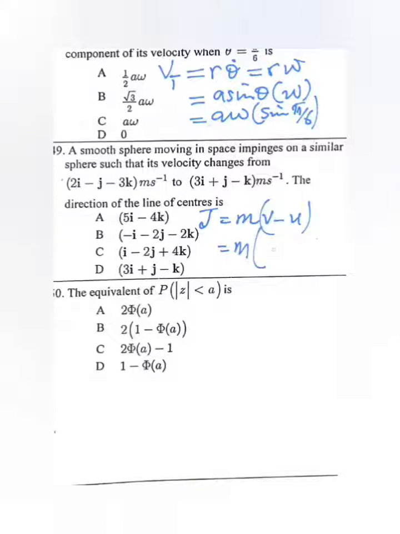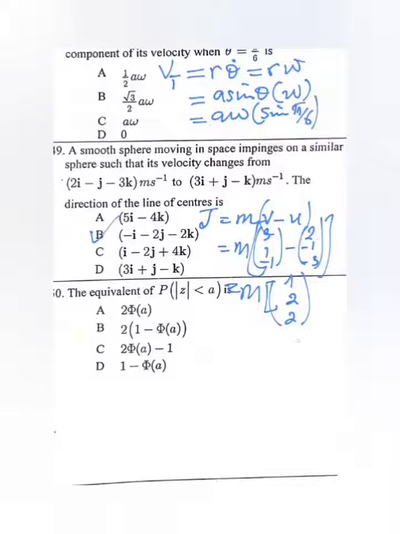So m into the final velocity, which is (3, 1, -1), minus the initial velocity, which is (2, -1, -3), should give us that impulse, which gives (1, 2, 2). The vector (1, 2, 2) then should be the direction vector of the impulse, which corresponds to the direction of the line of centers of the spheres. So any scalar multiple, that means any vector parallel to this (1, 2, 2), would suffice to be the direction of the line of centers. And if you observe, you would see that option B is a scalar multiple of this vector, and so the correct option then should be B.